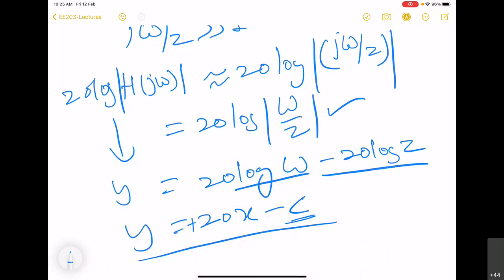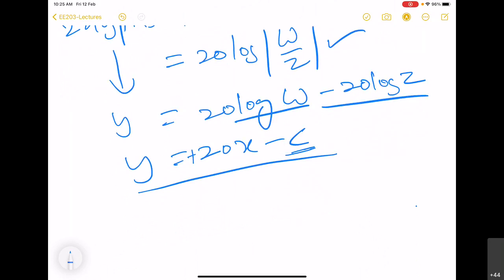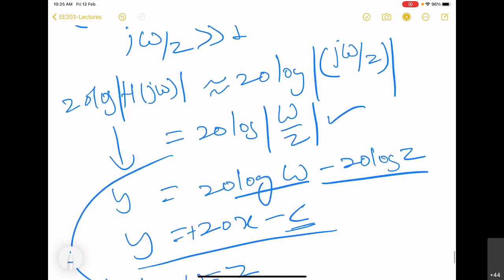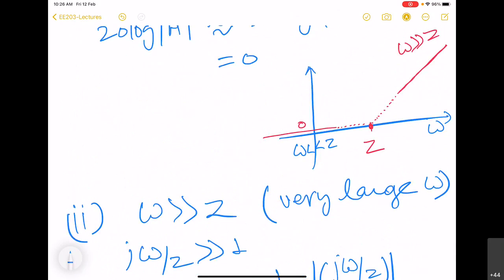It is this one which has been plotted for omega much greater than Z, and now here you can see that this equation for omega equal to Z gives you 20 log 1, which is equal to 0. So this curve, when extended for smaller omega, will pass through this Z.